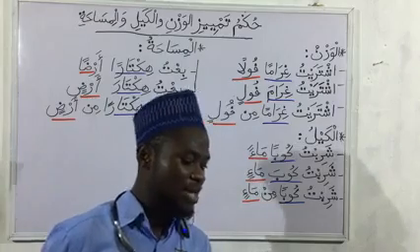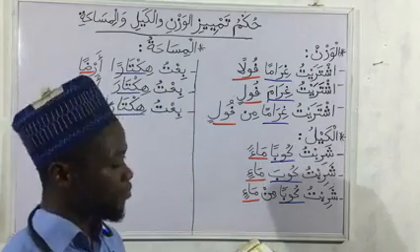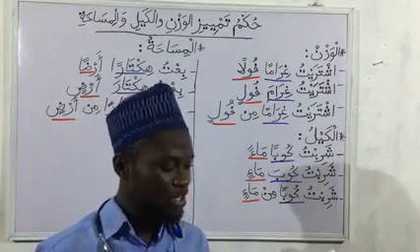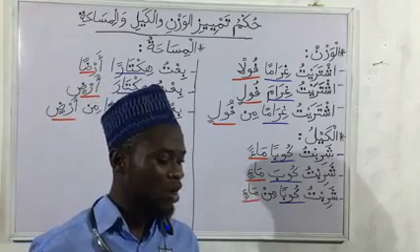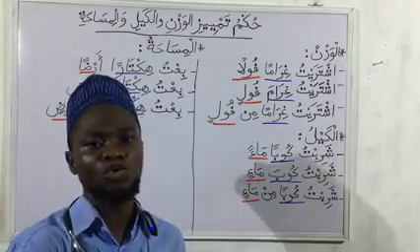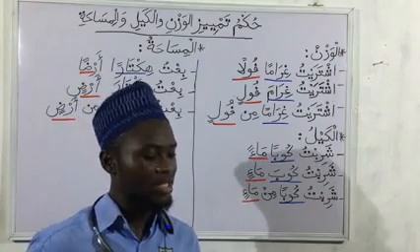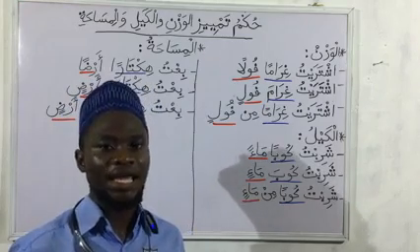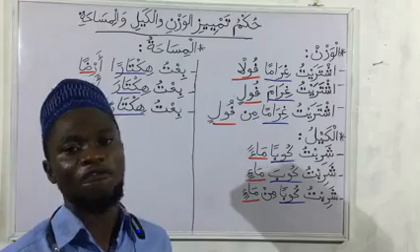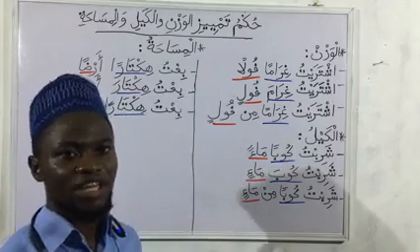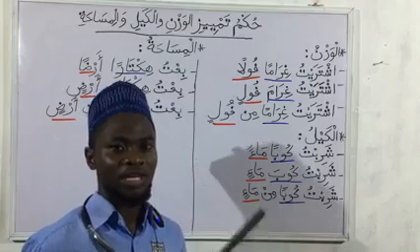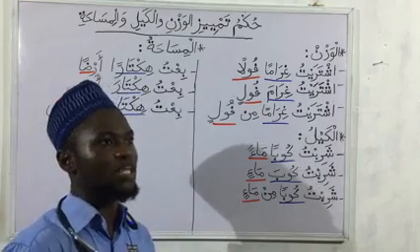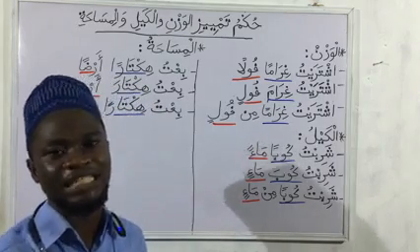Then the next one on Misaha, بعته ذراعا حريرا. I sold to him ذراعا حريرا, a cubit of silk. Cubit is a unit of area. So it is going to have its own equivalent in yard.